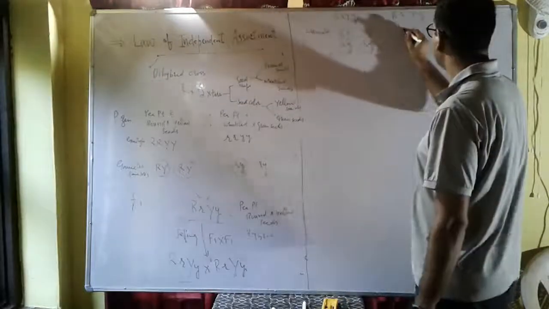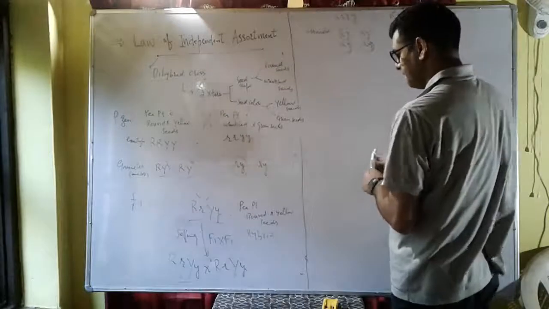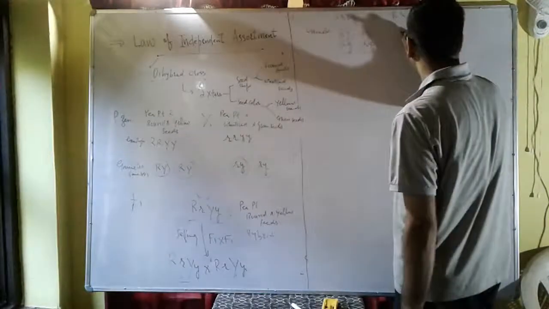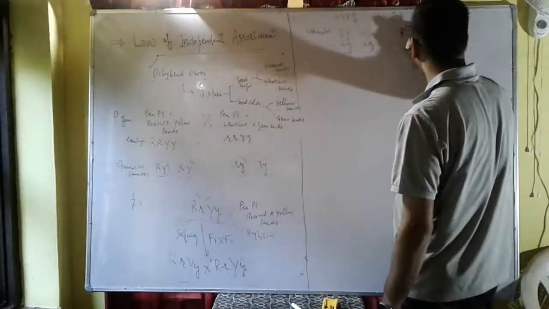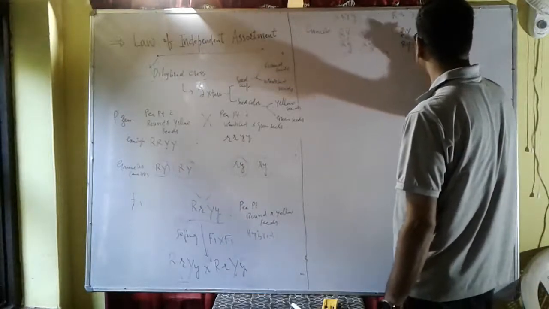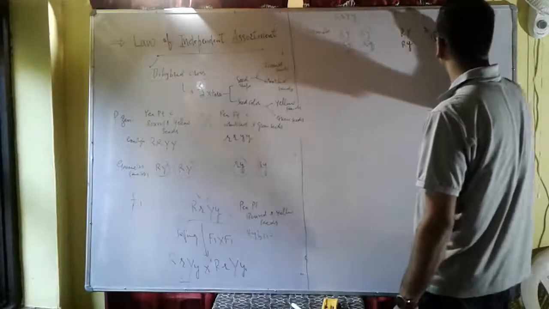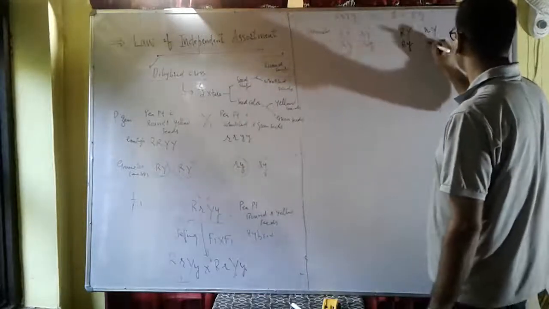Same is the case for the other parent. We have capital R, capital Y; capital R, small y; small r, capital Y; small r, small y.